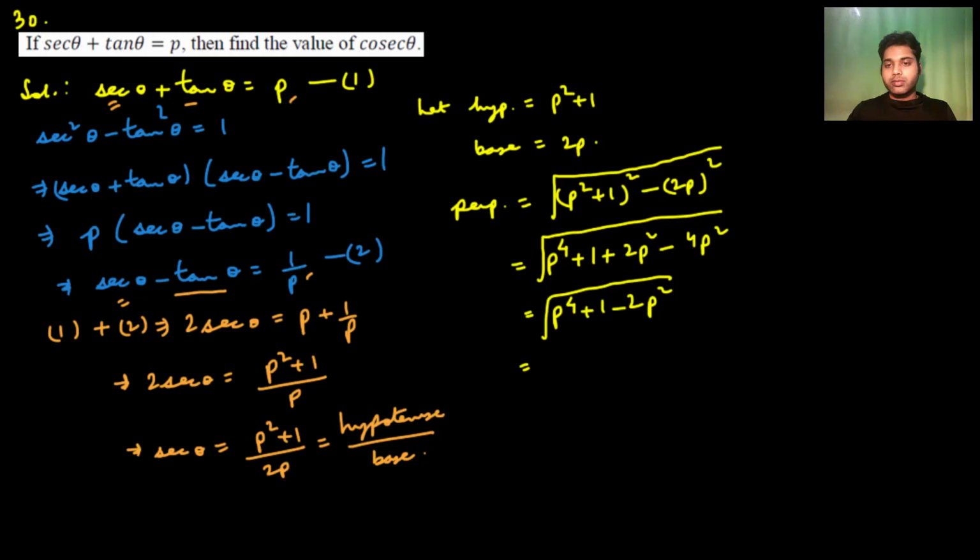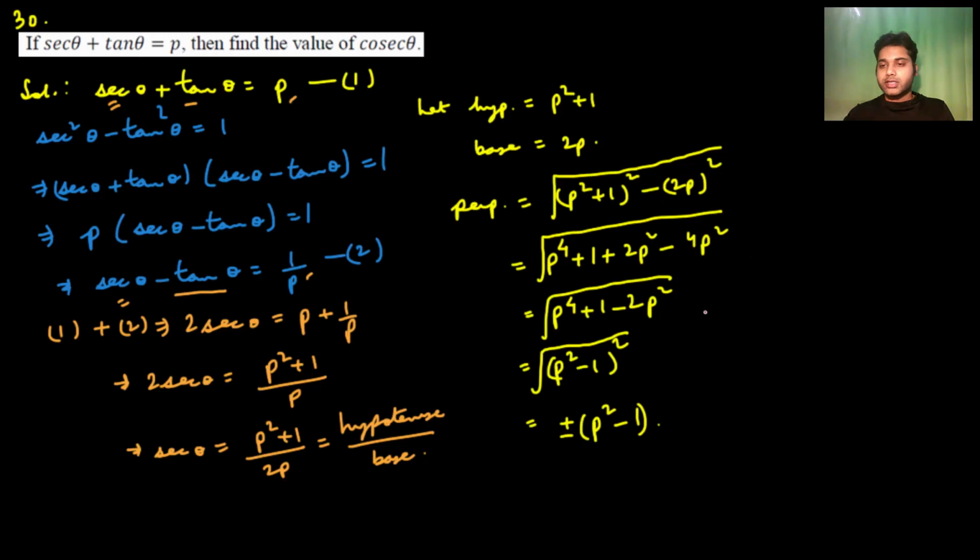This will be the square root of p square minus 1 whole square, equal to plus minus p square minus 1, right? So what did we need to find?